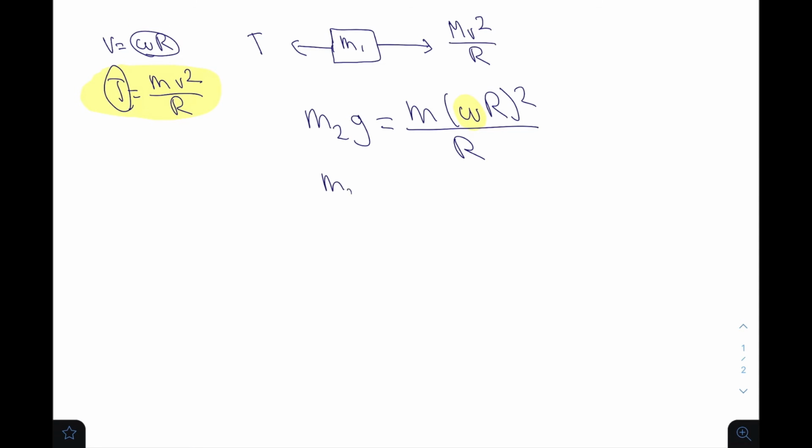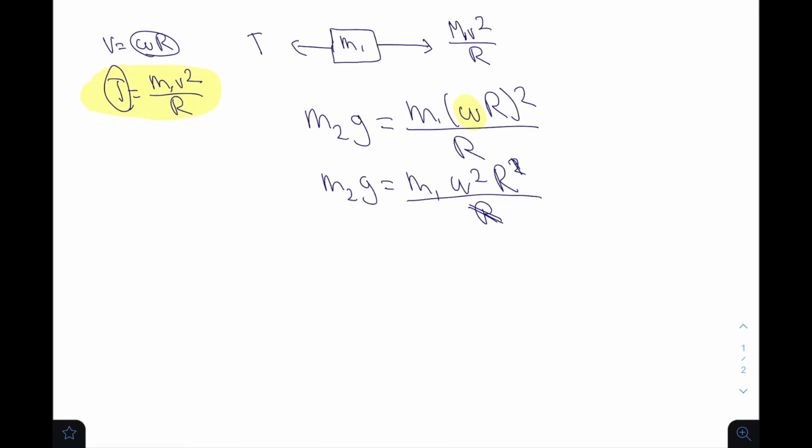So m2 g, that's mass 1 by the way, is equal to angular velocity squared, radius squared over the radius. We can do some canceling and see that it will just be the radius on top, since this cancels with that.